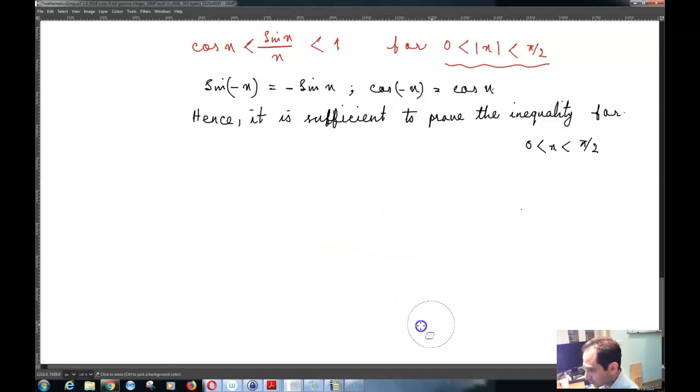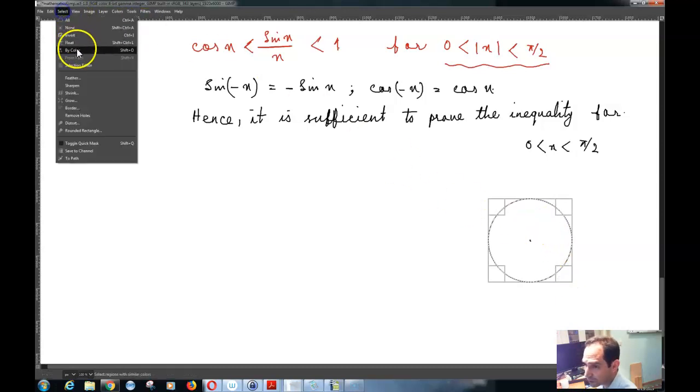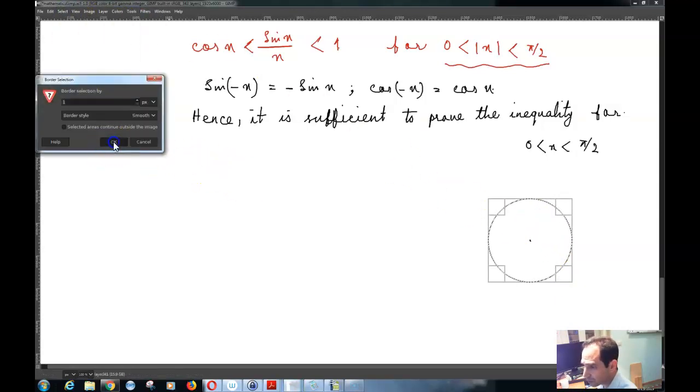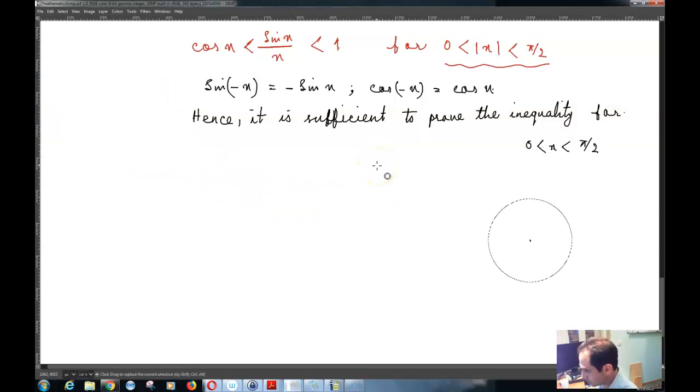Then what that means is that, let me draw a circle over here first. So if I have a circle over here, let's draw this radius over here.